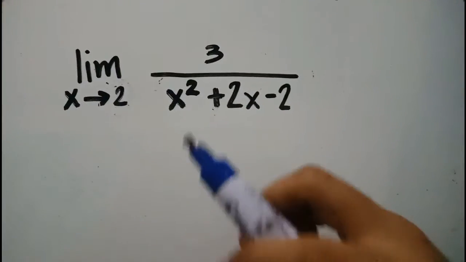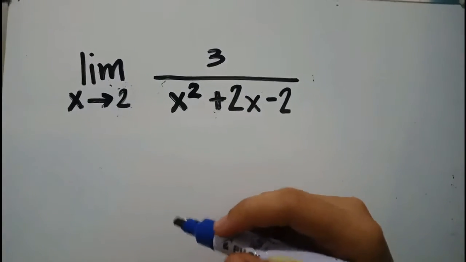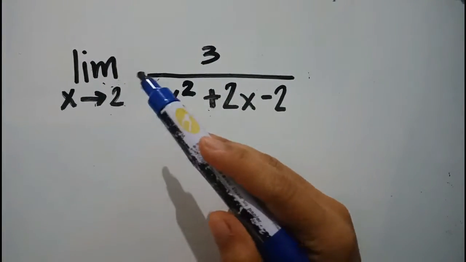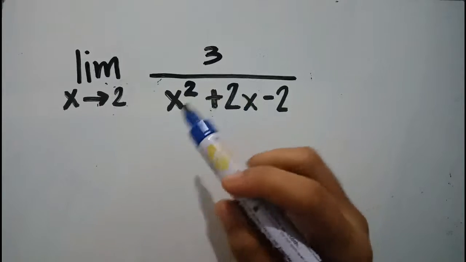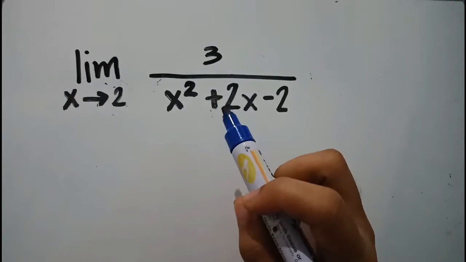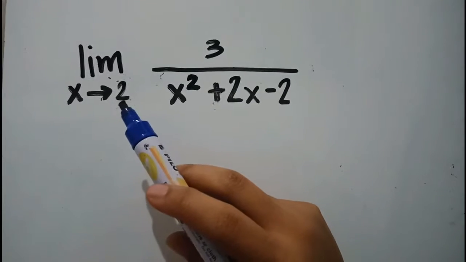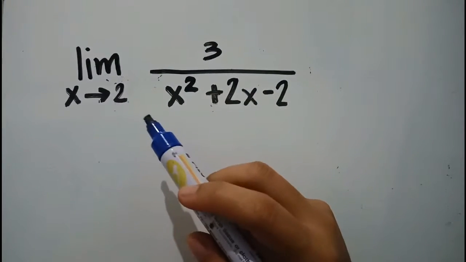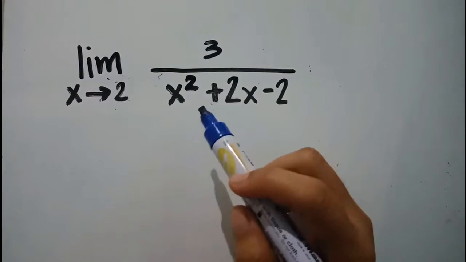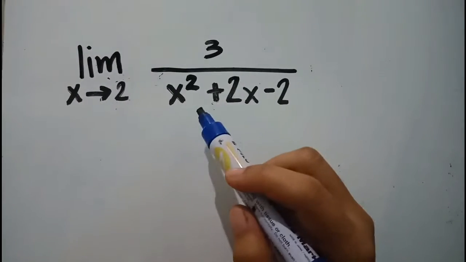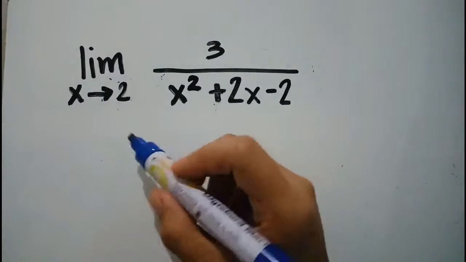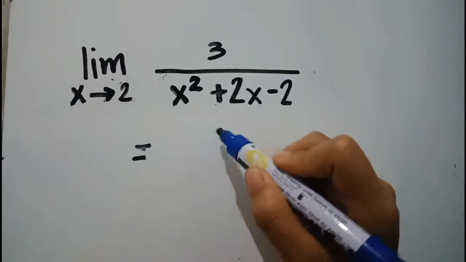Let's do another example of simple limits. So we have limit of 3 over x squared plus 2x minus 2 as x approaches 2. So we're just going to plug in the value of x for every x in our function. So it will look like this.